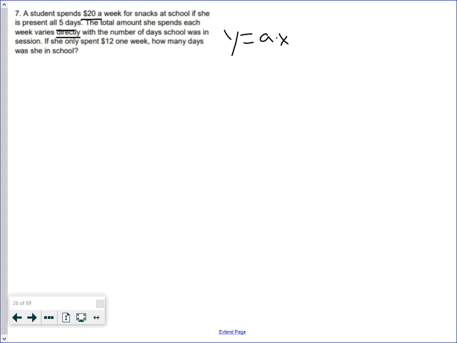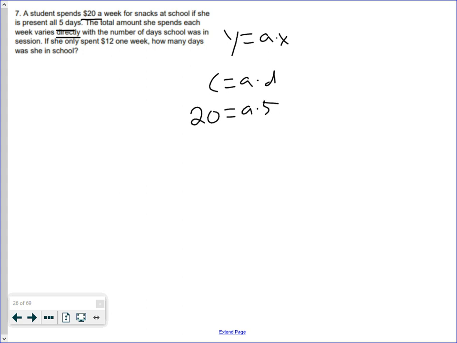I'm going to put C for cost, or how much money she's spending on snacks. So C is going to equal some A times D, where D is how many days she's actually present. We know if the student is in school all 5 days, she gets $20.